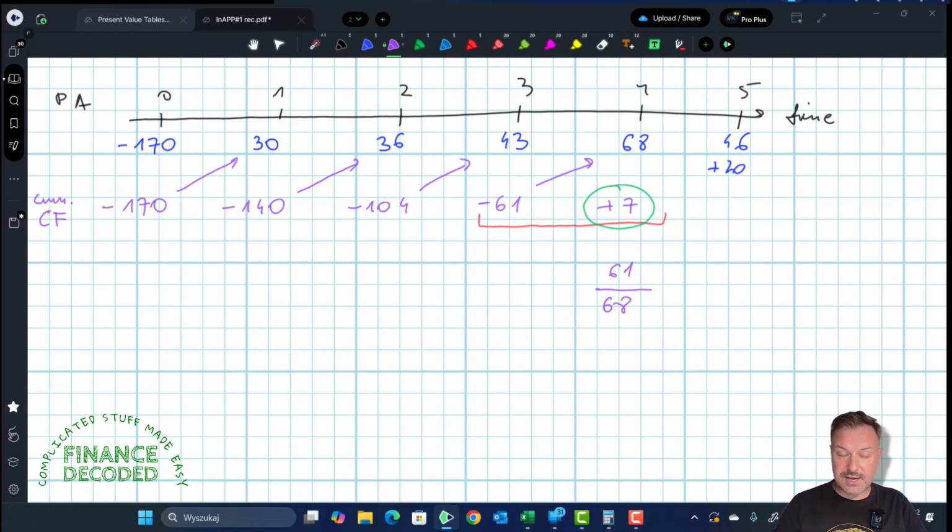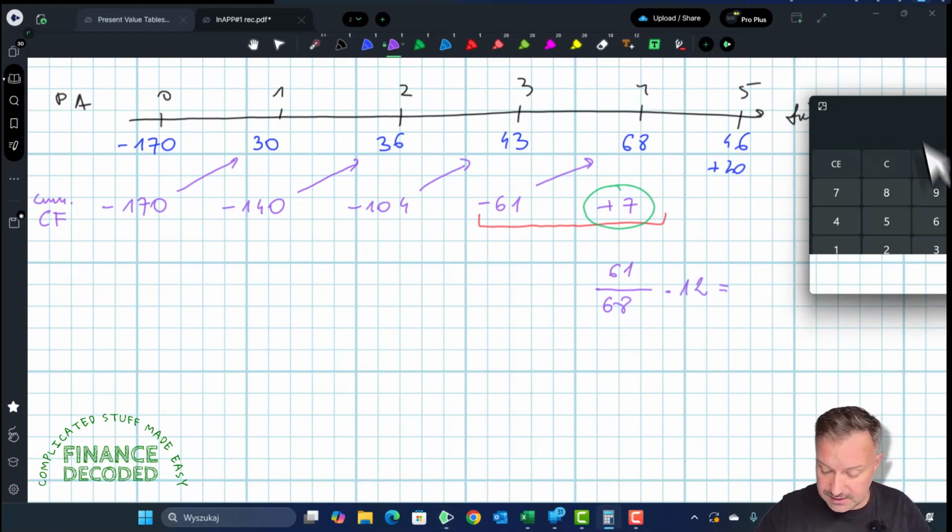So this fraction gives us the portion of the year that is needed to produce enough cash flows to get this payback period. Of course we can multiply this by 12 to get a number expressed in months. It's a vast portion of the year, like 10 or 11 months.